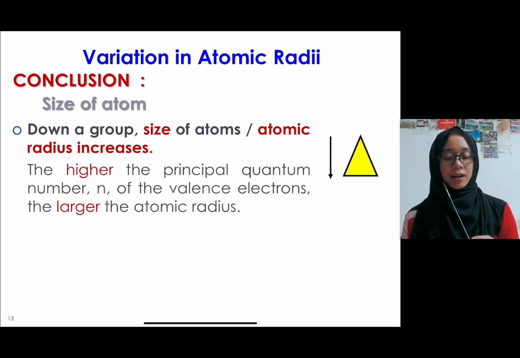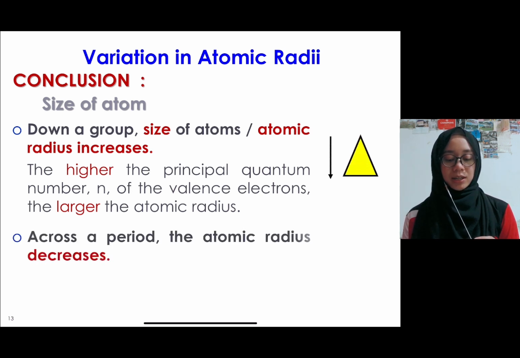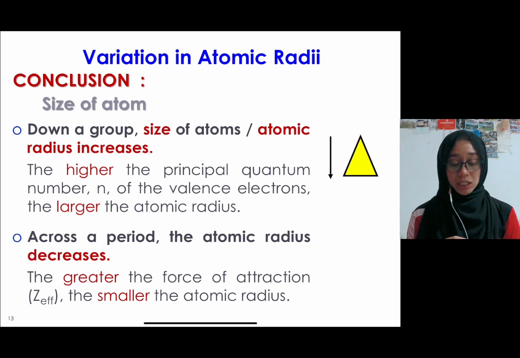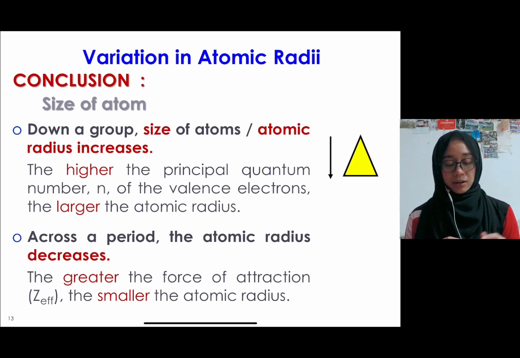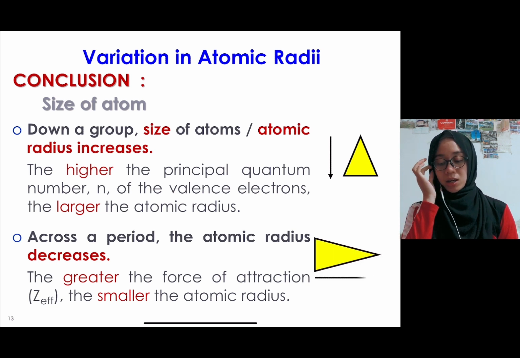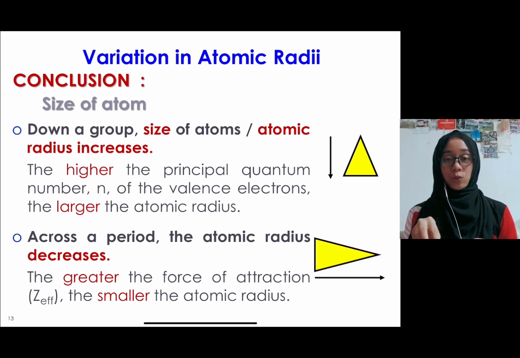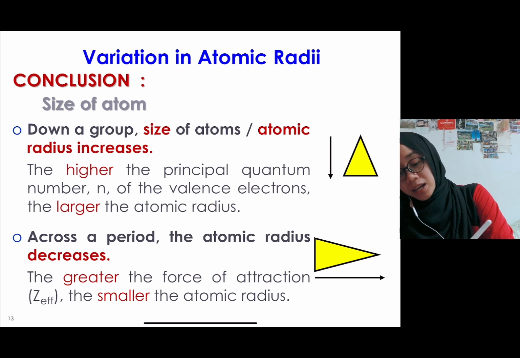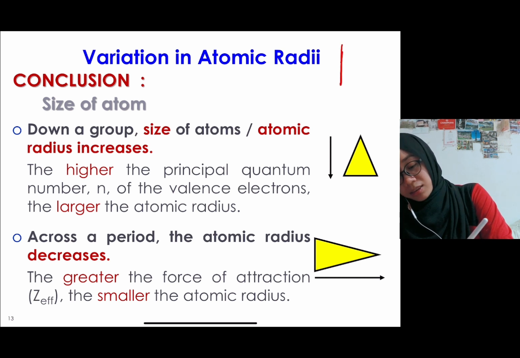Okay, but then kalau kita tengok pula across a period, the atomic radius decreases. Why? Because the greater the forces of attraction, therefore the smaller the atomic radius. So yang ni ada kaitan dengan Zeff lah. Okay, so dia jadi macam ni. So sebenarnya ni yang warna kuning tu, dia macam bendera di atas bukit.